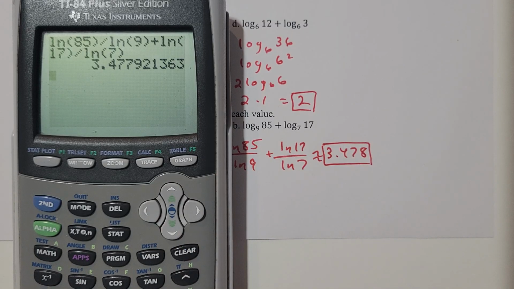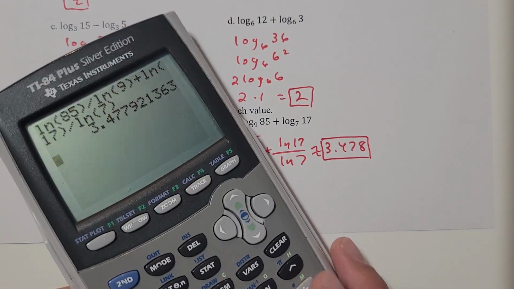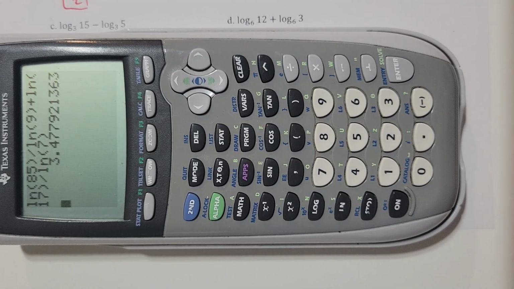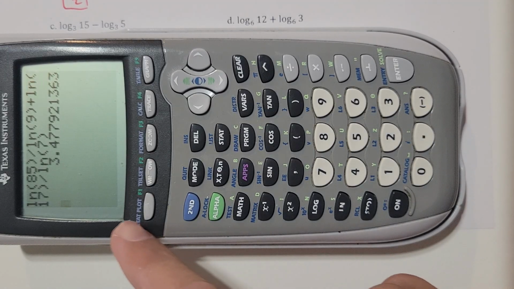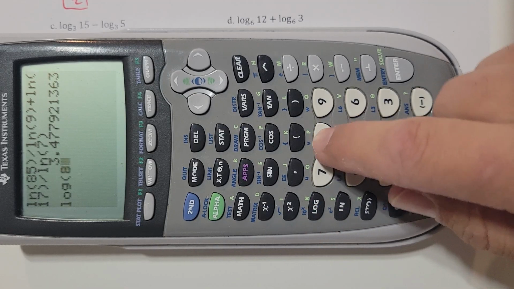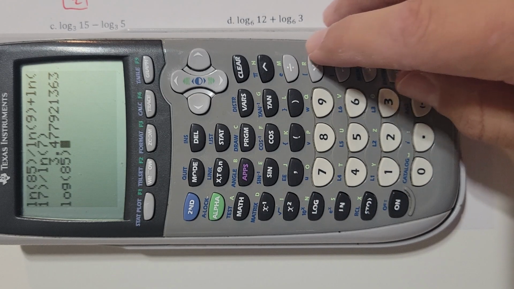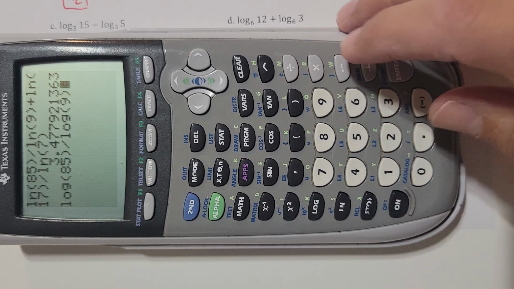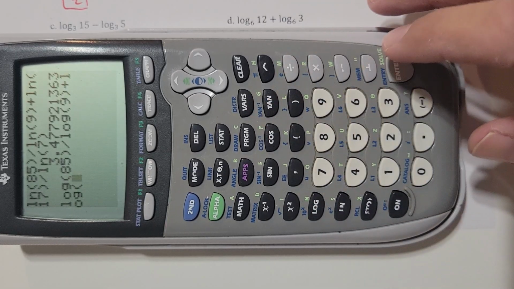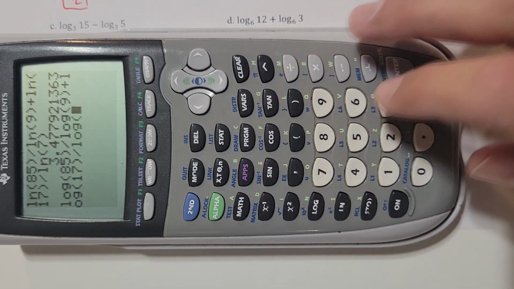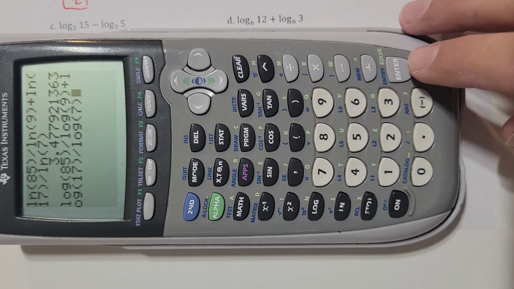Now, it does not matter what the new base is. I can make the new base be anything and I'll still get the same answer. Let me just show you here. If I have the new base be base 10 instead of base e, then I'm going to have log of 85 divided by log of 9 plus log of 17 divided by log of 7.